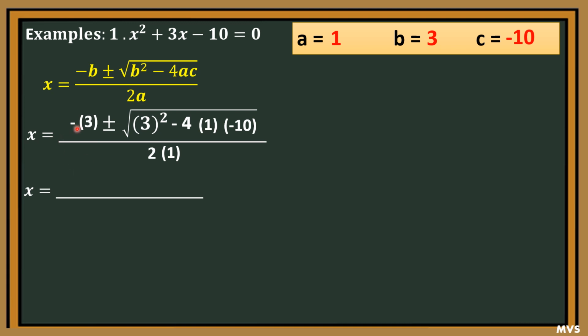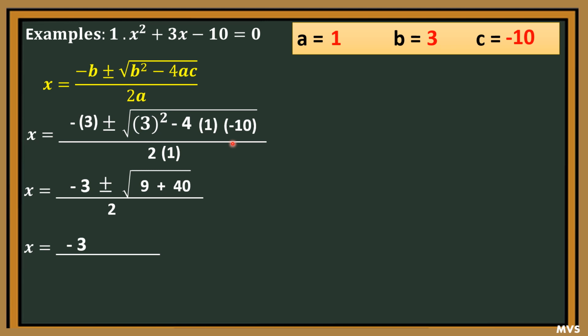We have now negative times positive 3 is negative 3, plus or minus the square root. 3 squared is positive 9. Then negative 4 times 1 times negative 10 is positive 40, all over 2.